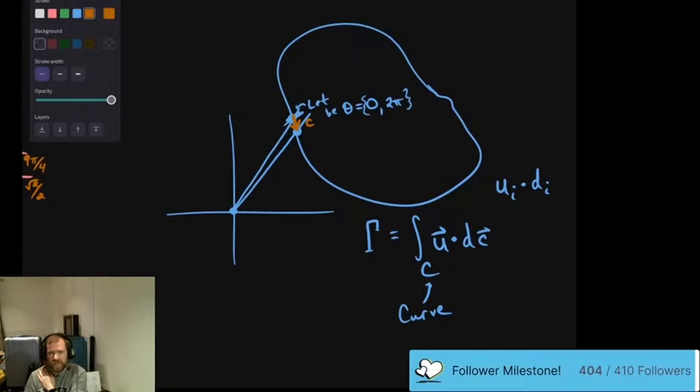So c sub i vector. And then u is going to be the flux across that vector, essentially.